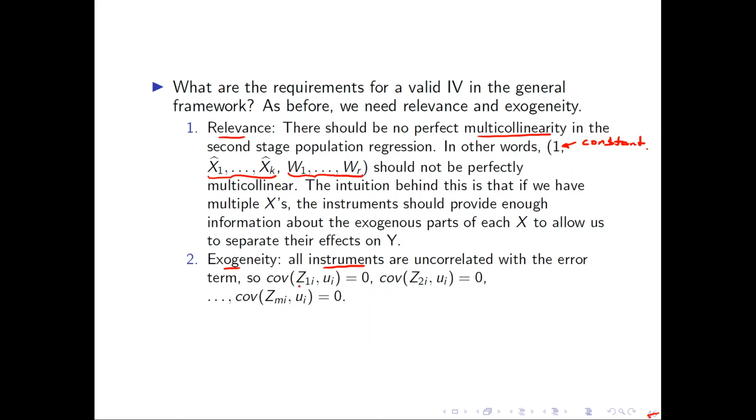So one really important requirement is that the covariance between each and every one of the instruments and the population regression error should be 0.